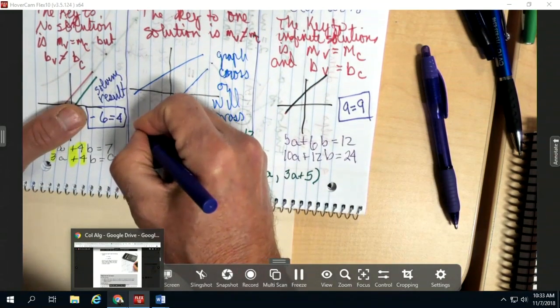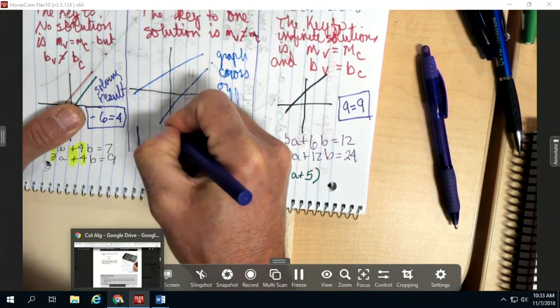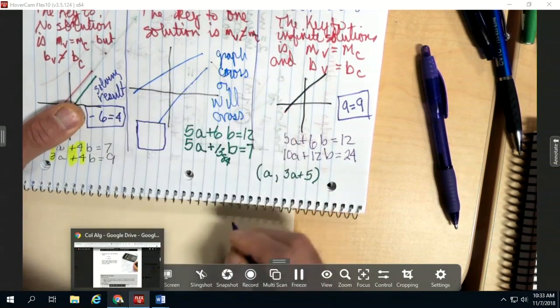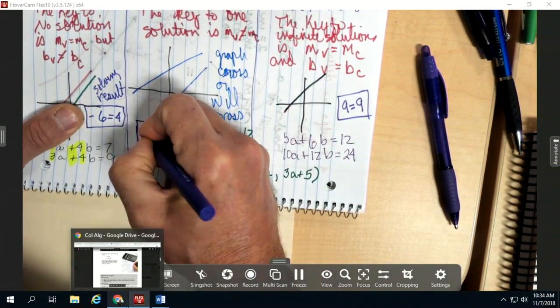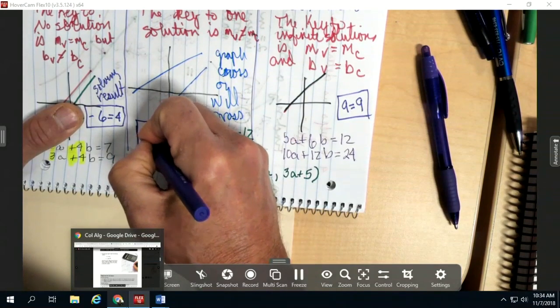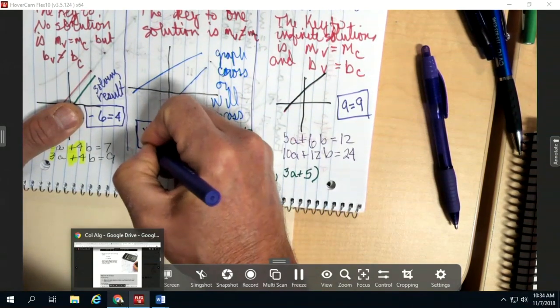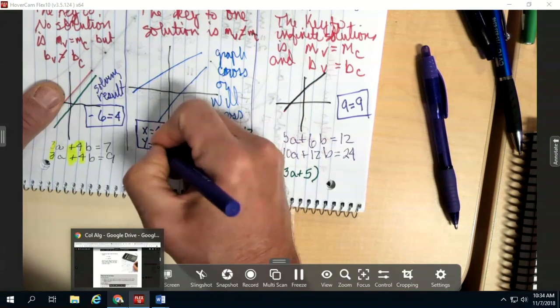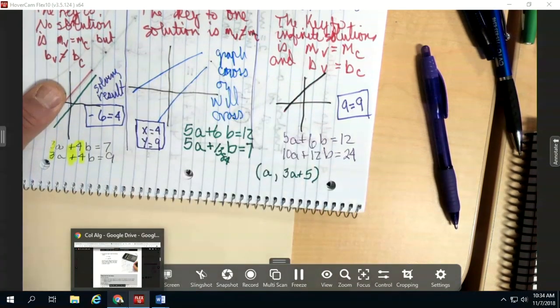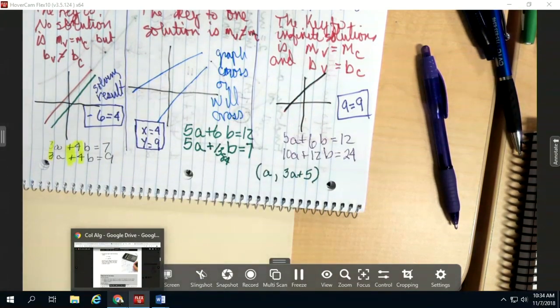Well, what is going to be true if there's one solution? If there's one solution, we're going to have a variable equal to something, like 4 or 9. Okay? We aren't going to have a number equal to a number. We're going to have a variable equal to a number.